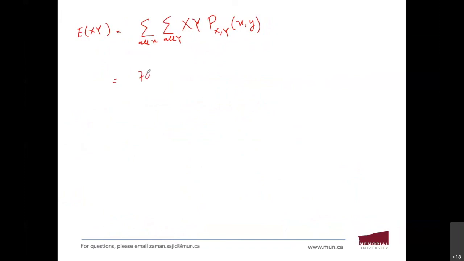So it will be 70 times 1 times 0.15 plus 70 times 2 times 0.03, up to your last term, which will be 100 times 3 times 0.22, and you get 195.1.